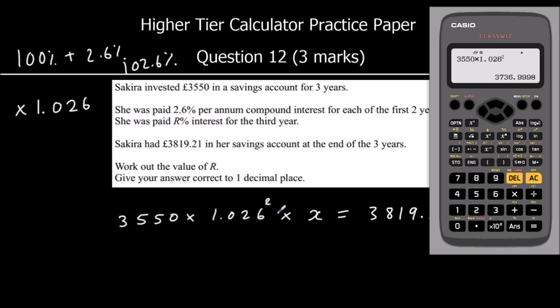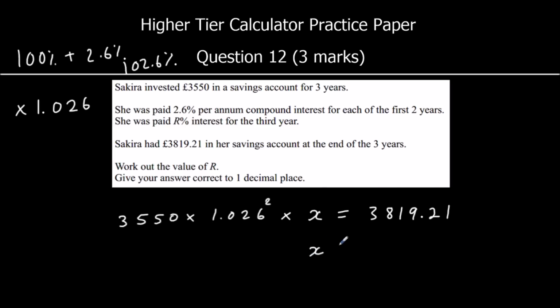So to get X by itself, divide by this. So £3,819.21 divided by that answer. So our X is 1.022.